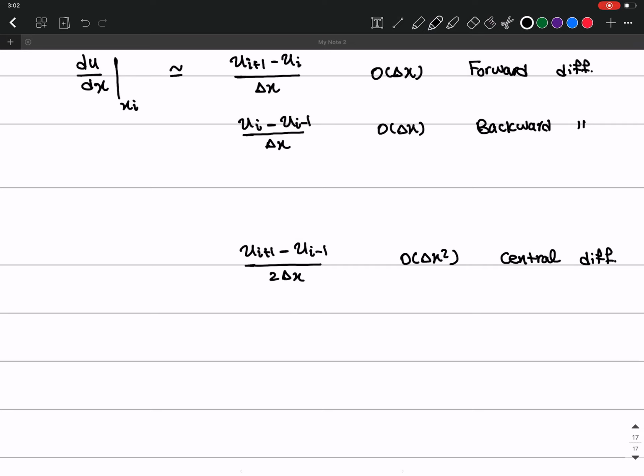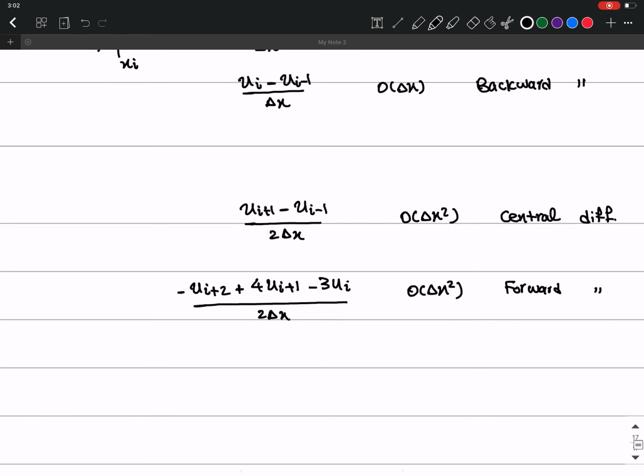For example, this one is minus ui plus 2 plus 4 ui plus 1 minus 3 ui over 2 delta x. This uses 3 points, and this is also order delta x squared and a forward difference, but with 2 points rather than just 1 point.